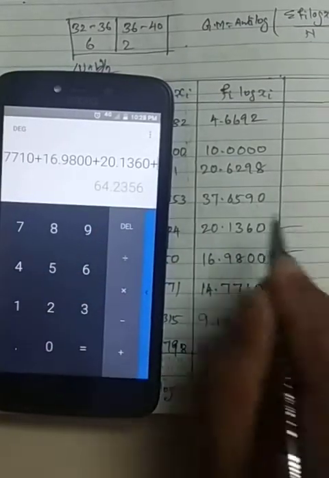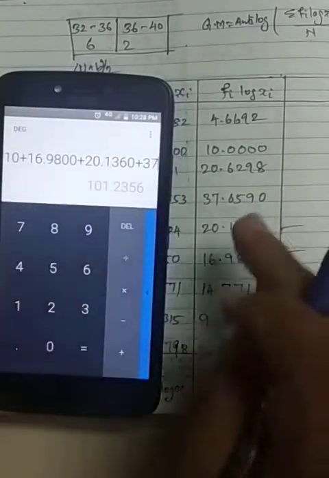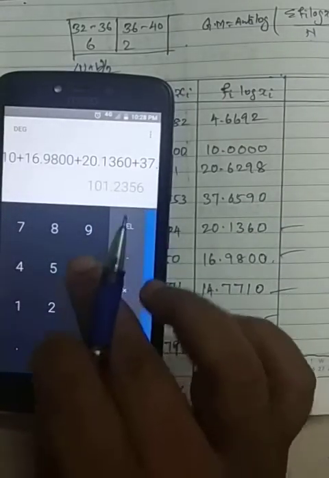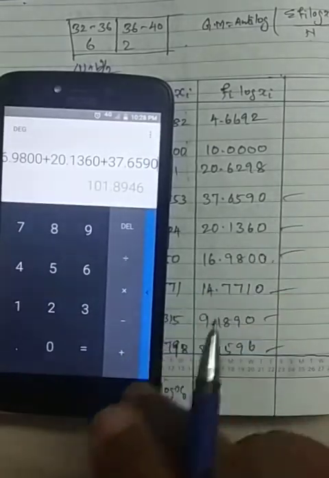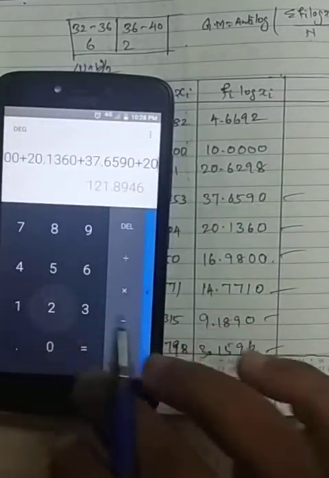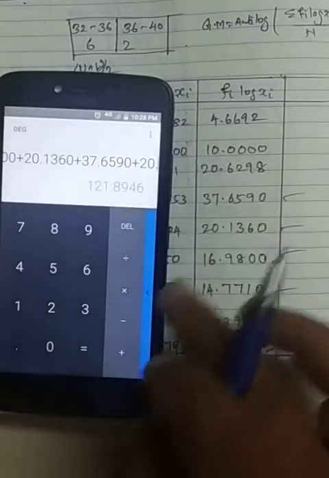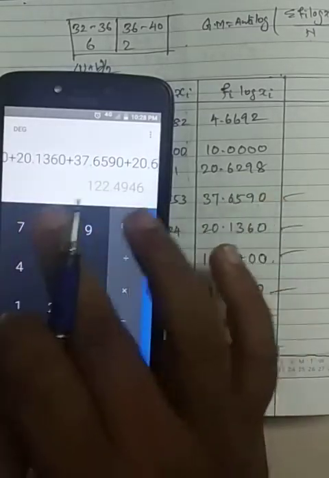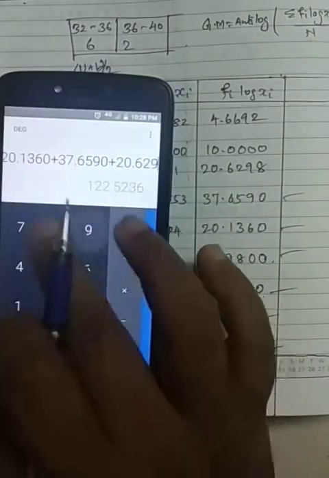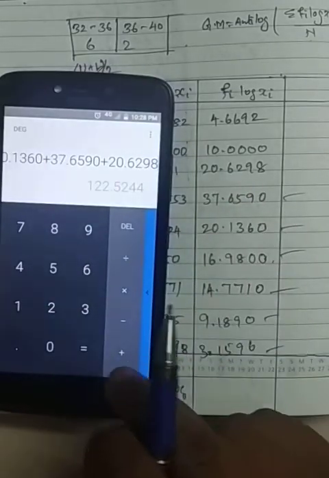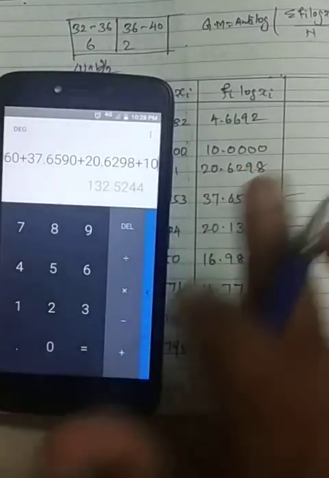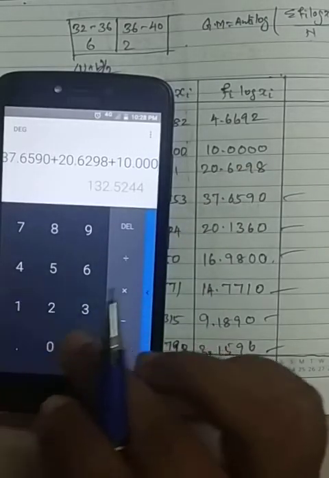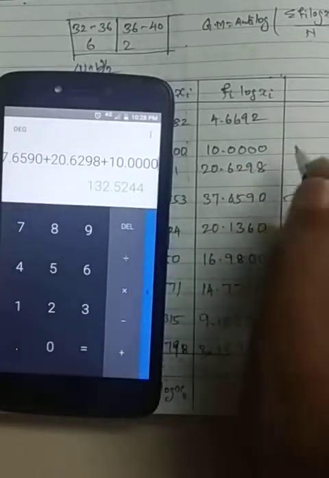Next, 37.6590, that I have taken. So then plus. Next we have 20.6298, then plus. Finally plus 10, you can put 10.00, not an issue.